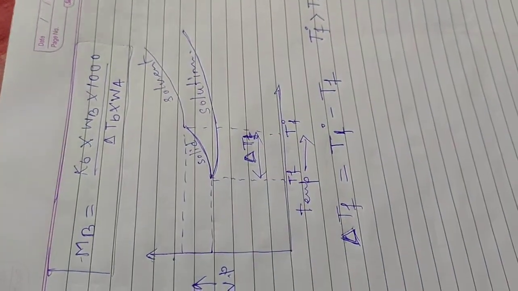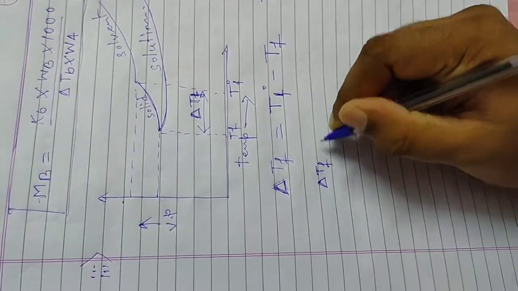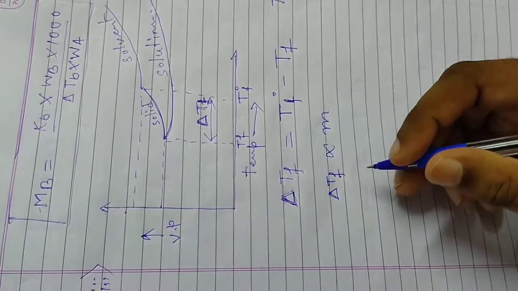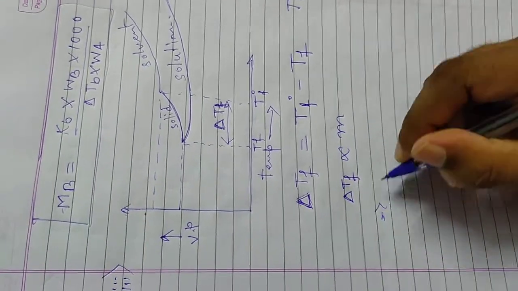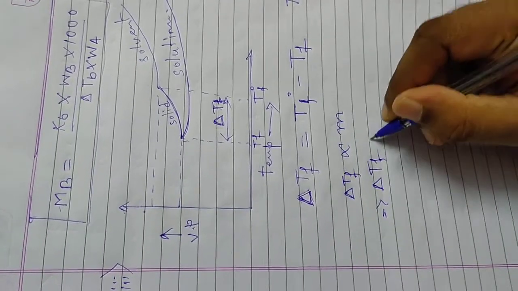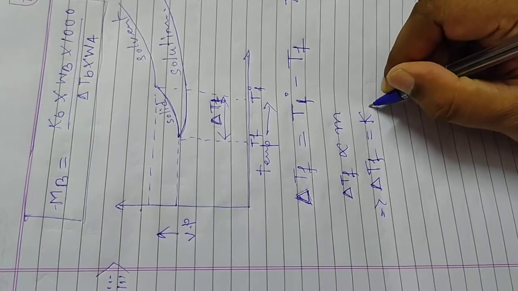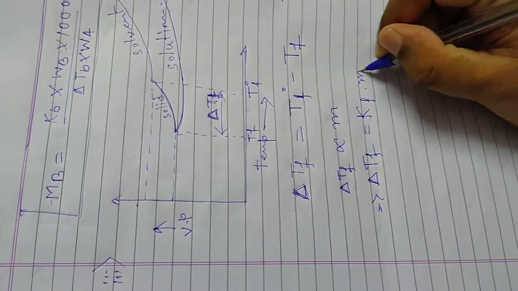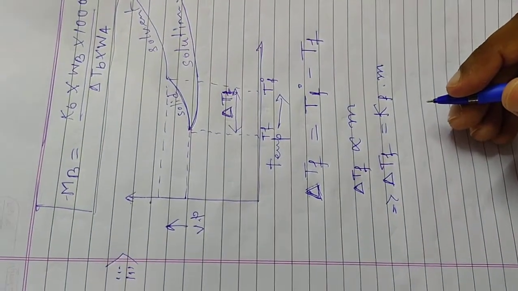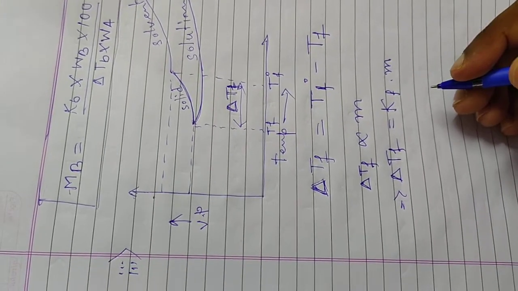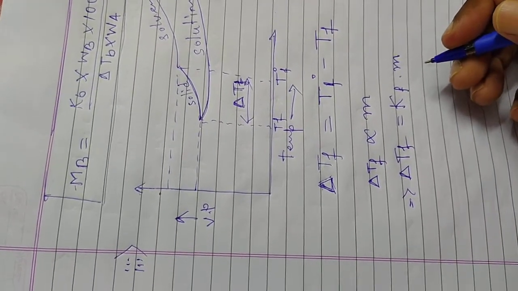Is it clear? As per the law, delta Tf must be proportional to molality also, and to convert it into an equation we have to introduce a constant Kf, and Kf is known as cryoscopic constant or molar depression constant.